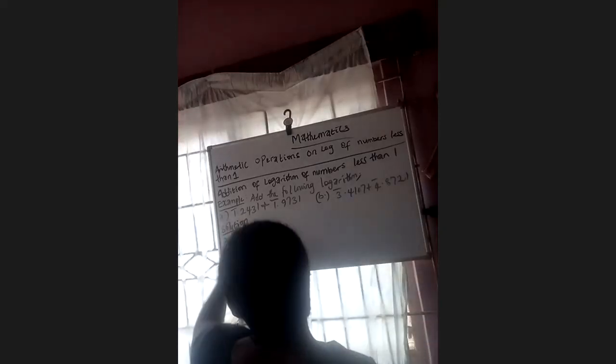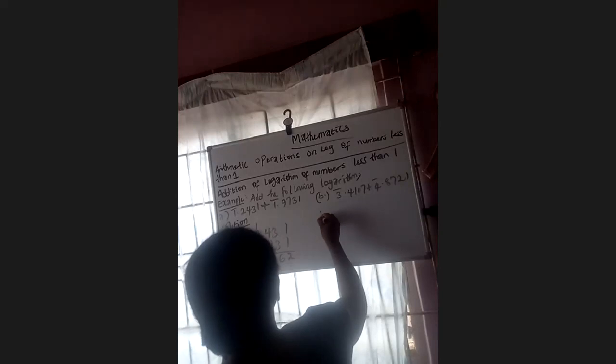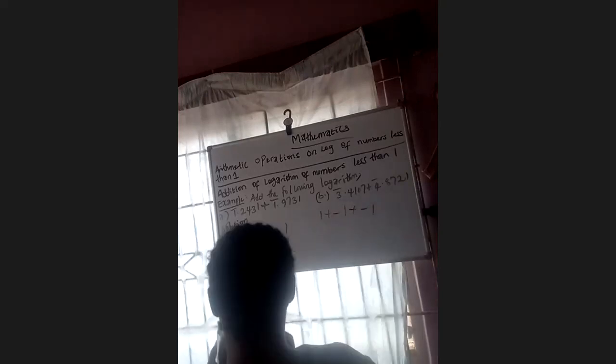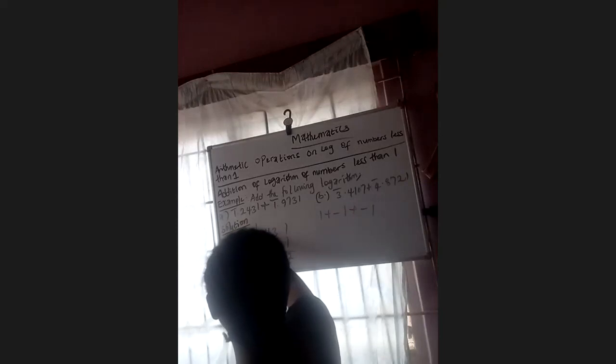This is like adding up negative numbers. So what we have here is 1 plus -1 plus -1. The one we brought from here, we have to add it. So we have 1 plus -1 plus -1.